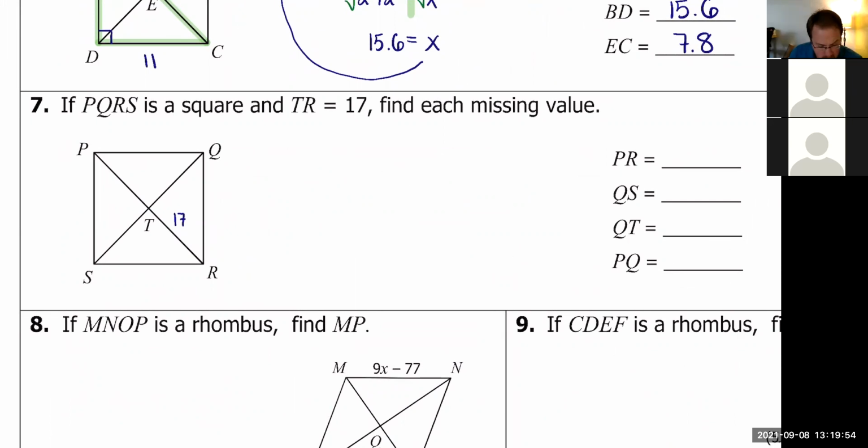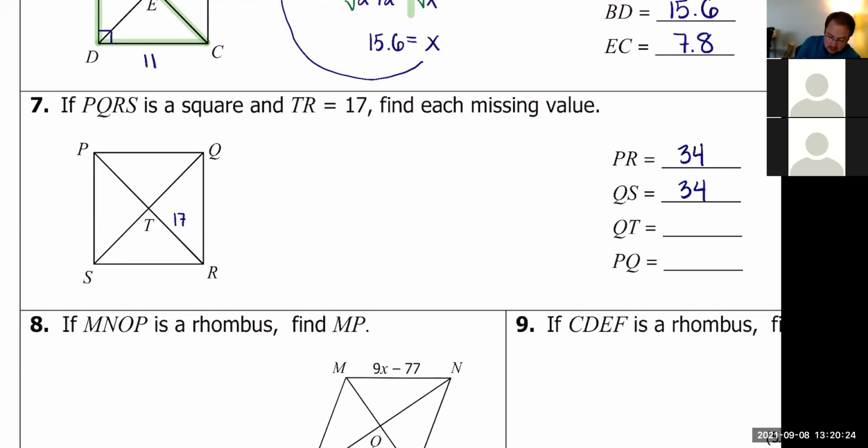Not, how'd you get 24? Double 17. Oh, careful, it'd be 34. But yes, you would double 17. Since we know half of that diagonal, doubling it should give us 34 for PR. What about QS? Also 34, because the diagonals are congruent, because a square is just a fancy rectangle.